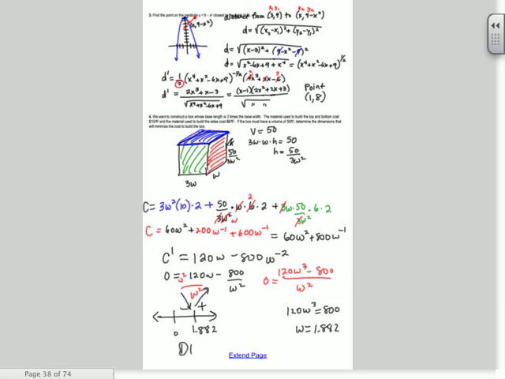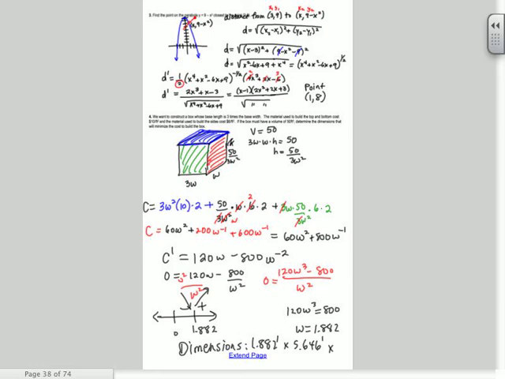So your dimensions are 1.882 by 3 times that, so do times 3. So 5.646. Oh, these are feet too, aren't they? Are they feet? Yeah, so I did inch marks. So feet by 50 divided by 3W squared.